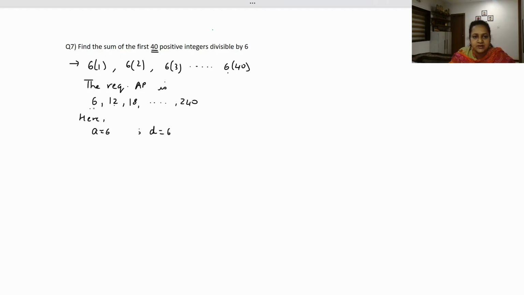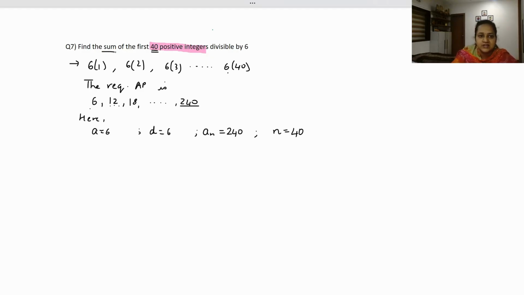You can just check 12 minus 6, 18 minus 12, and so on. What else do we know? We know we have 240. What is 240? The last term, the nth term. And we have one more piece of information, that there are 40 positive integers. So what is 40? n.